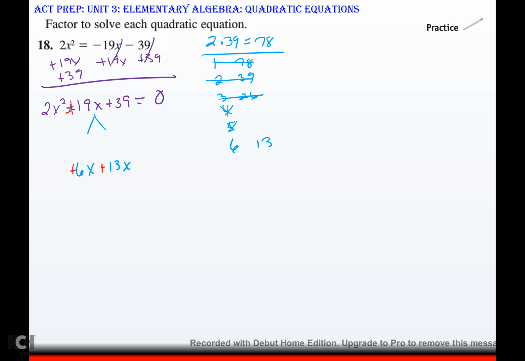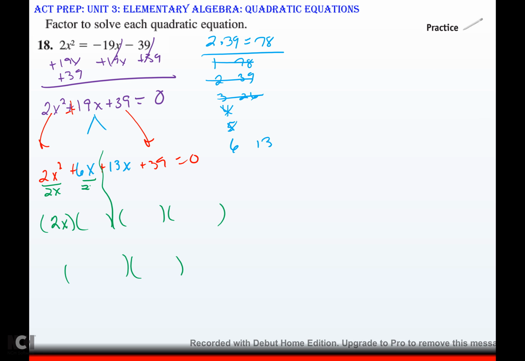So they're both positive. Bring down the first and the last: 2x squared plus 39. And now we can go 2 by 2, GCF, GCF, GCF again. Alright, on this side, my GCF would be 2x. Divide to get what's left.